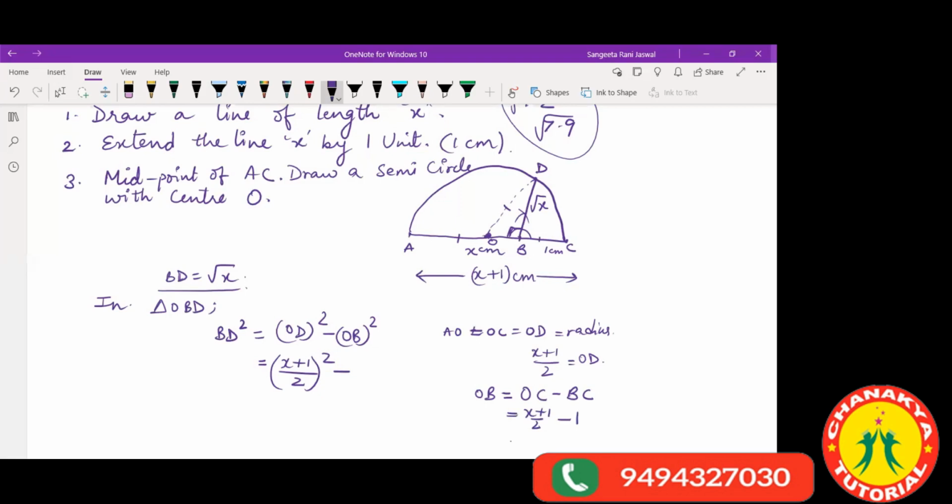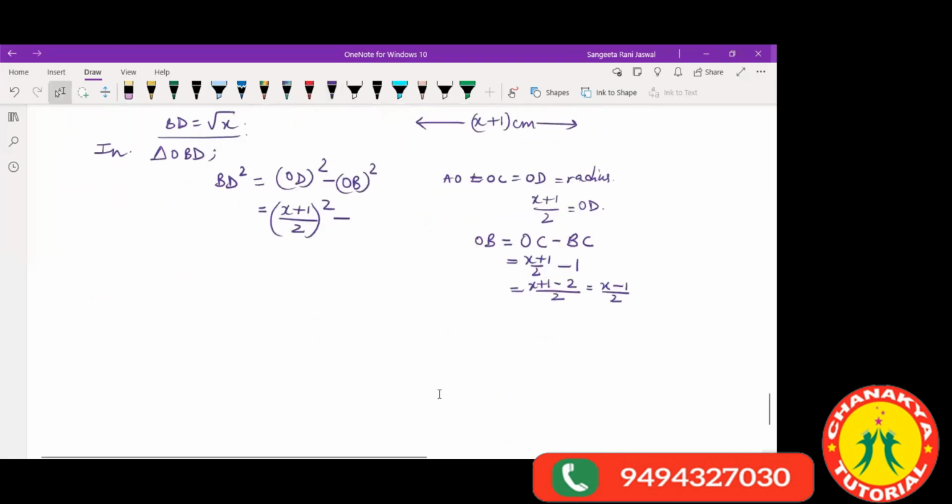So minus 1. When I take the LCM, this becomes x plus 1 minus 2, so 1 minus 2 is minus 1. So I get x minus 1 by 2, that is my OB.